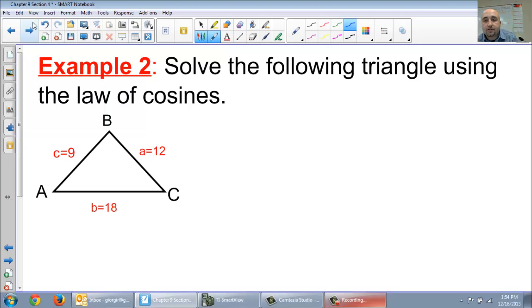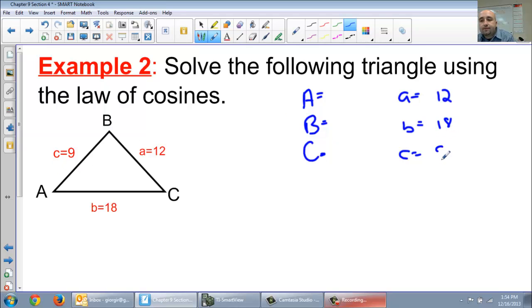I'm still going to do this the same way. I'm going to list what they give me. Angle A, angle B, angle C, little a, little b, little c. So we know a is 12, we know b is 18, and we know c is 9.